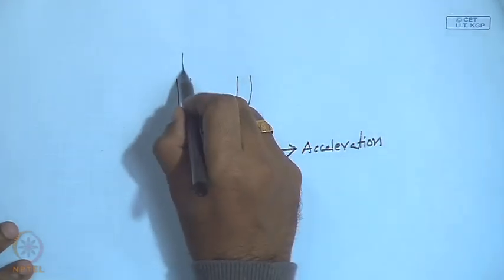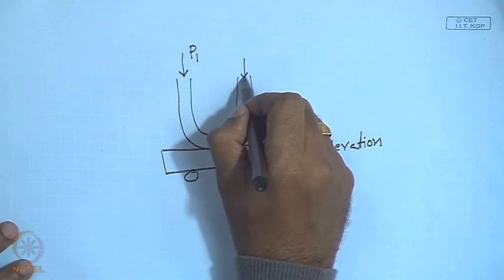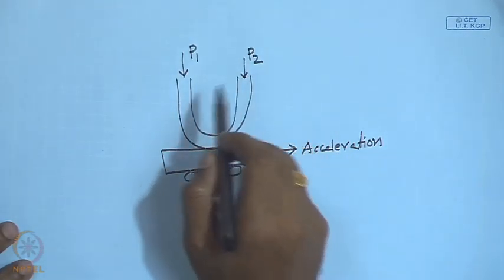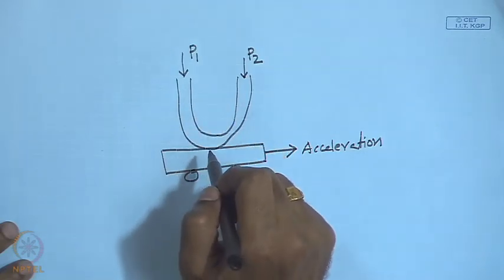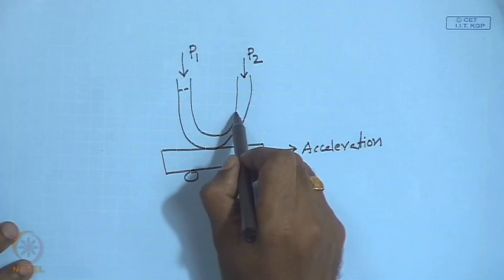Now, even if we apply the same pressure to both the limbs of the manometer, we will see a reading.